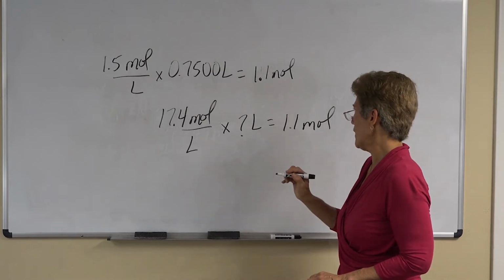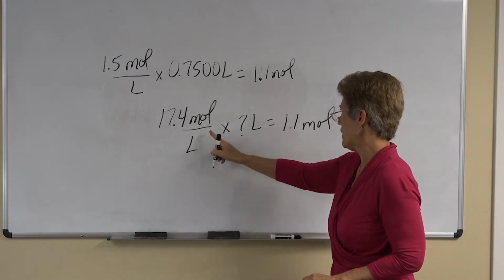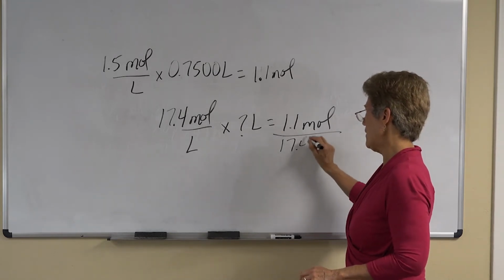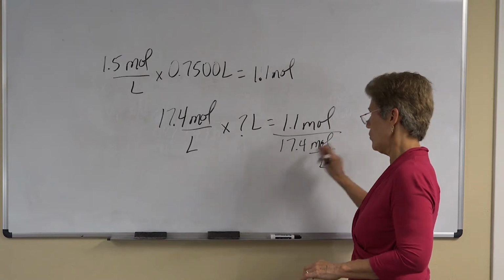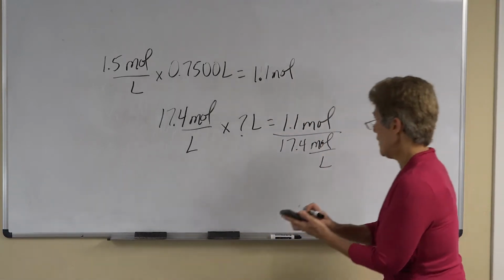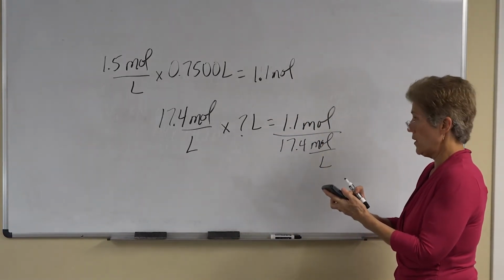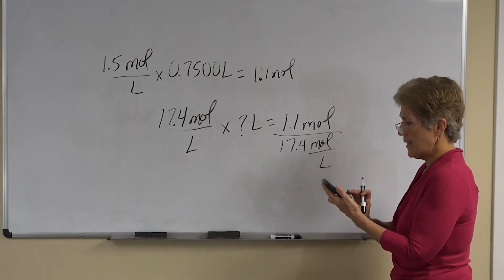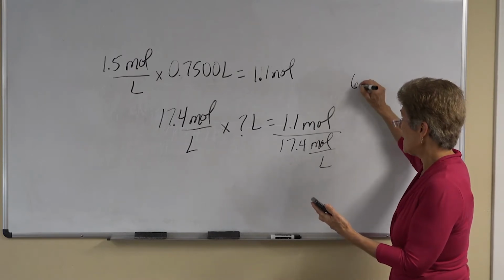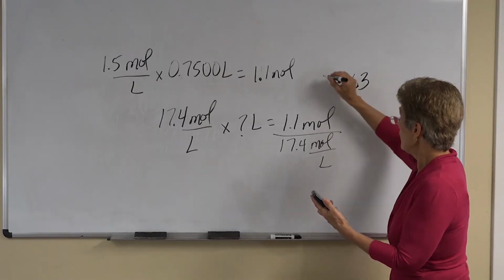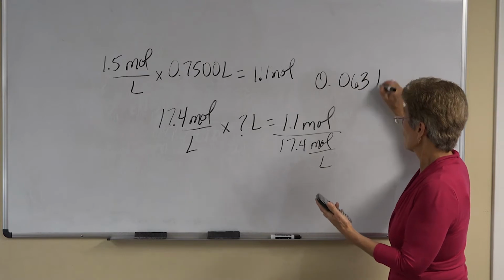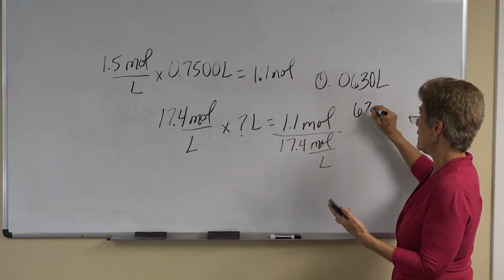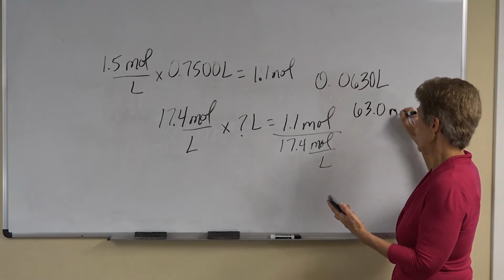And so we are going to divide both sides by this, and that will do it for us, because if we divide both sides by 17.4 moles per liter, we'll be left with liters. So we go 1.1 divided by 17.4 equals, yes, and that gives you the 63 milliliters. Three significant figures, that or 63.0 milliliters.